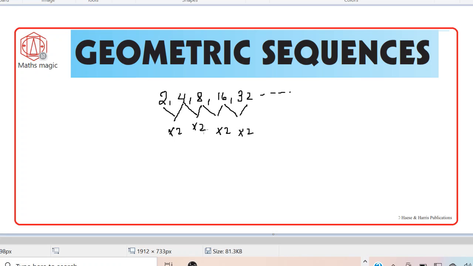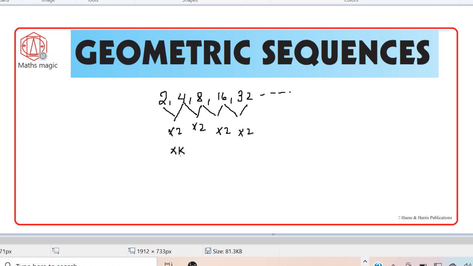So if you have any pattern where you have to multiply by a constant number to get the new term, then we can say this pattern is a geometric sequence. In a nutshell, geometric sequences are those which can be obtained by multiplying by a constant number.